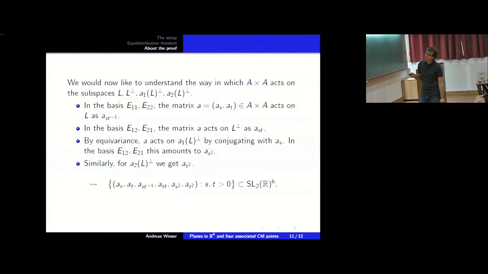And the product, AS, AT, if you represent that, what you get is this, ST inverse, okay? And in the same fashion, when you act on the orthogonal complement, which is just the subspace of anti-diagonal matrices, okay? What you get is ST, okay?